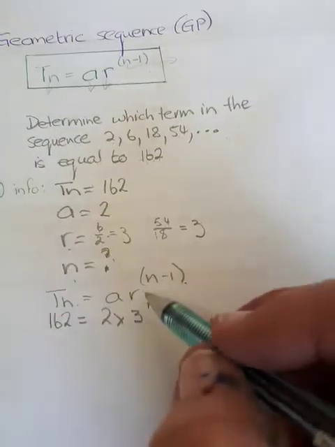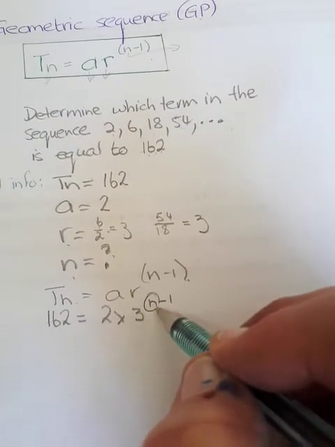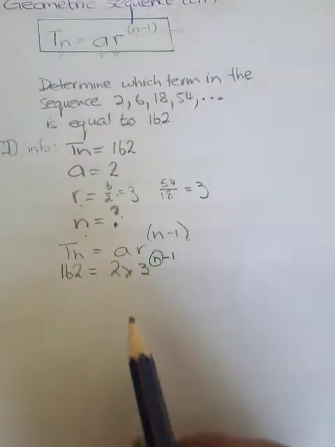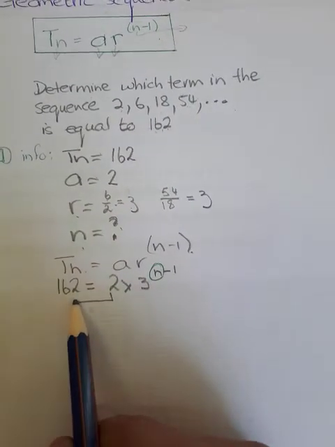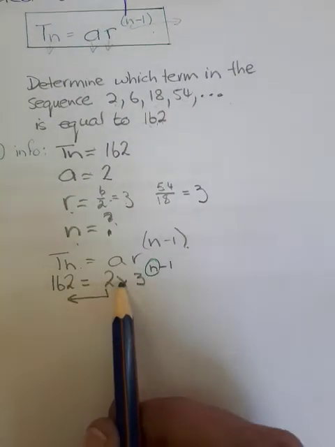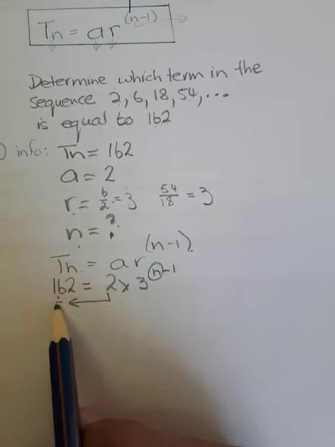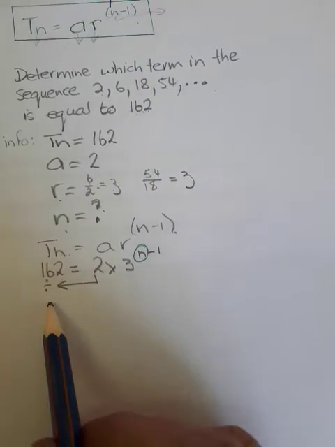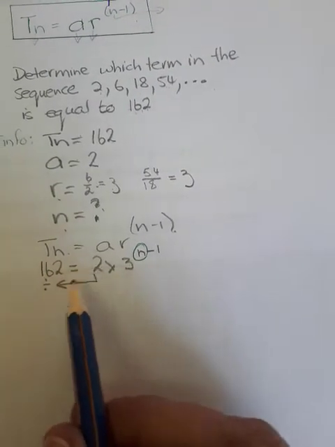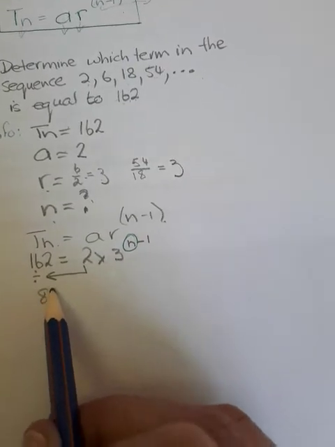Okay, and remember, we want to find what is n. So in this case, the first step is to move over the 2, which is multiplied here. So on that side, it will become divide by. So 162 divided by 2 gives me 81.